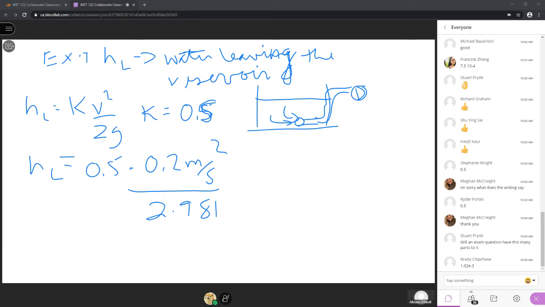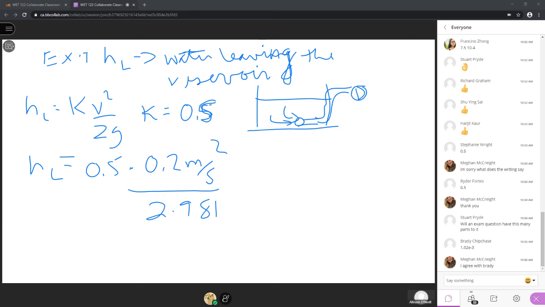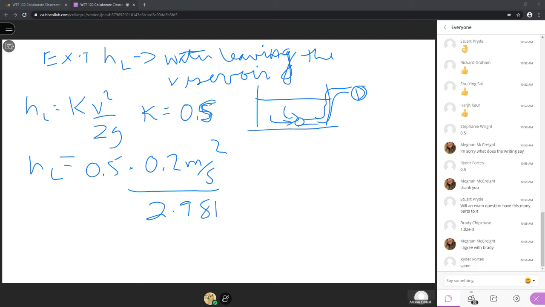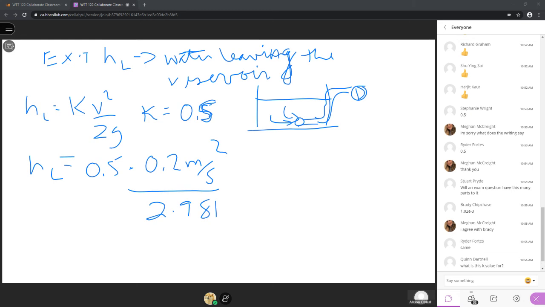I probably won't give you quite as many minor loss components, but it's the same process. I put lots of this in because I just wanted to practice it.